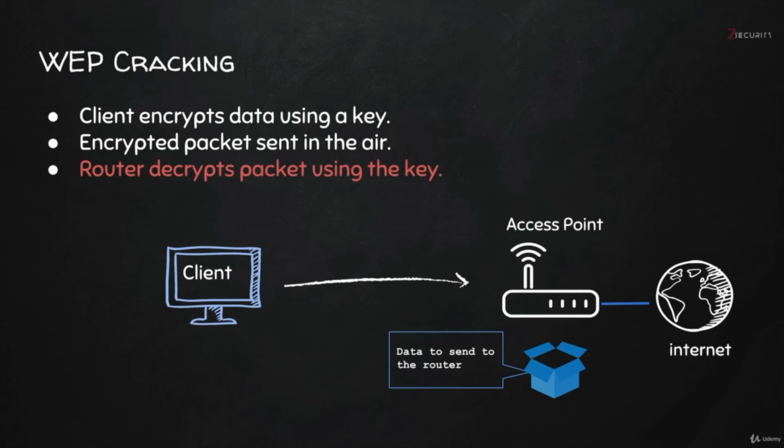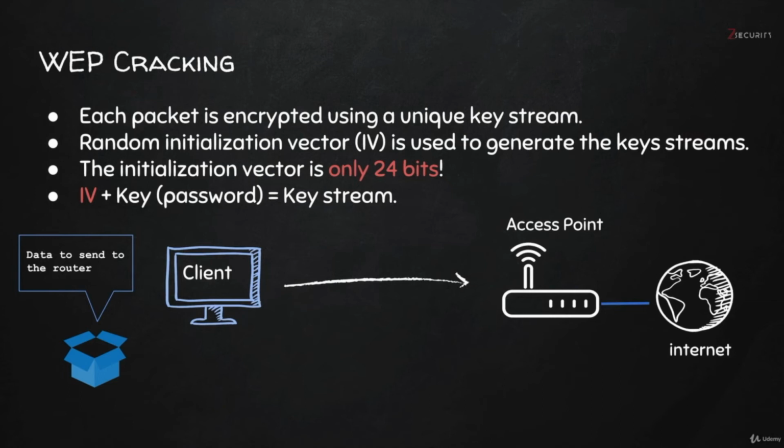And to understand this, let's zoom in a little bit more on each step. Going back to the first step, we have the client trying to send data to the router, and the data that it wants to send is "data to send to the router." In order to encrypt this, WEP tries to generate a unique key for each packet. Literally each packet that's sent into the air, it tries to create a new unique key for it.